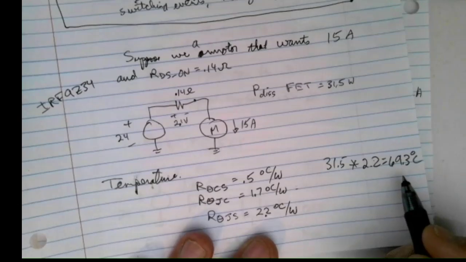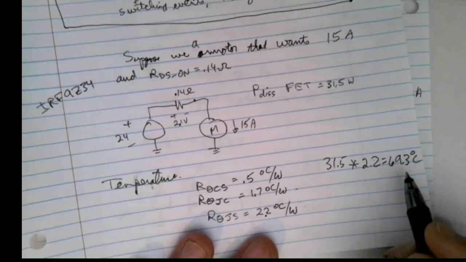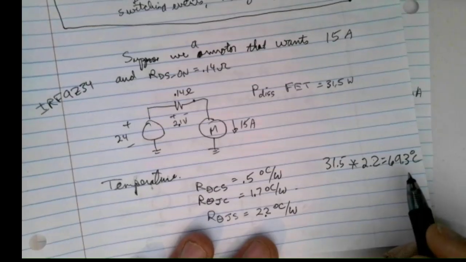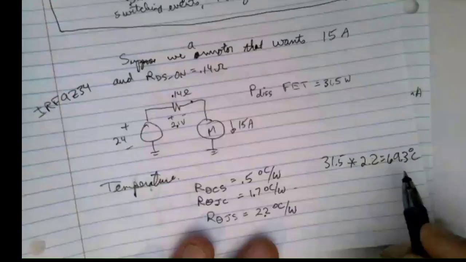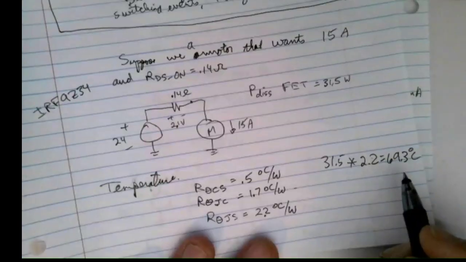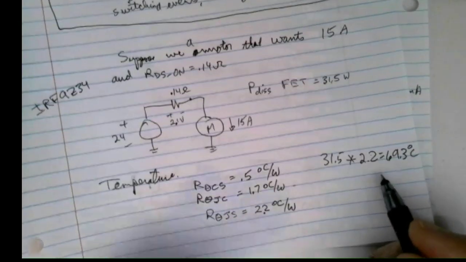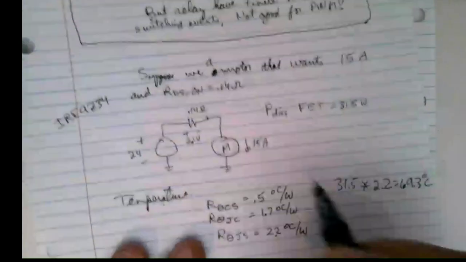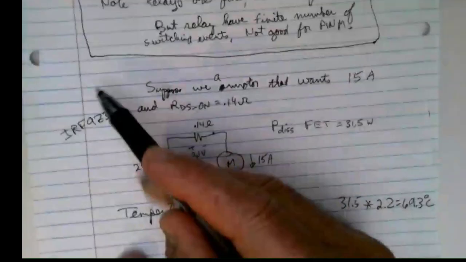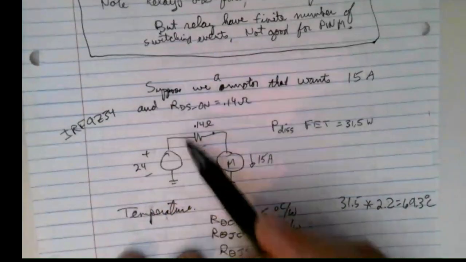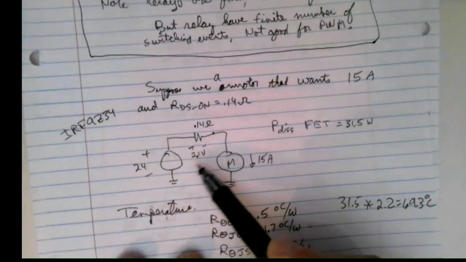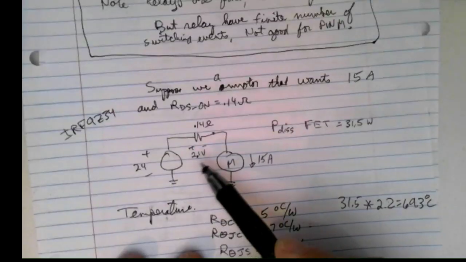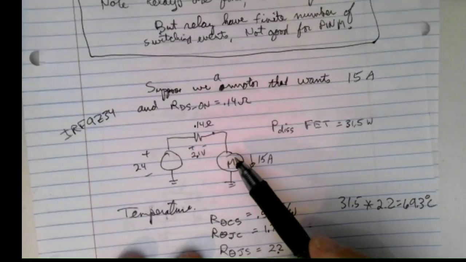Okay, so if your heat sink temperature is 100 degrees C, you're getting pretty close to 175, aren't you? And the fact that we've got a 2.1 volt drop across our FET means that our load voltage won't be 24 anymore, it's more like 22 volts.